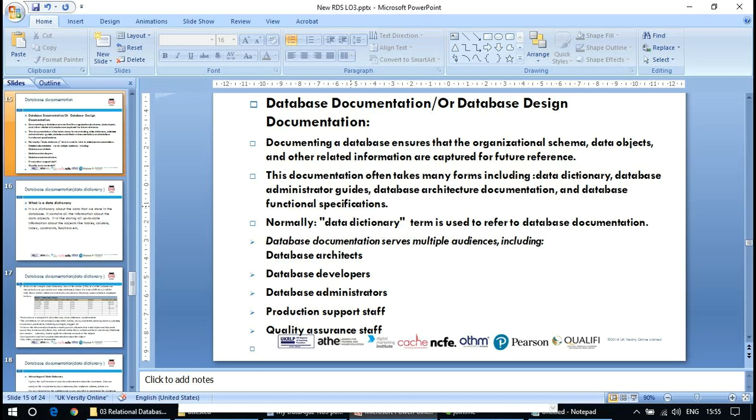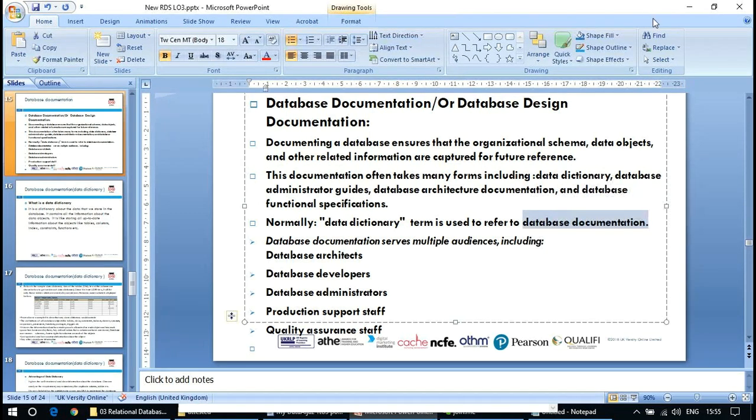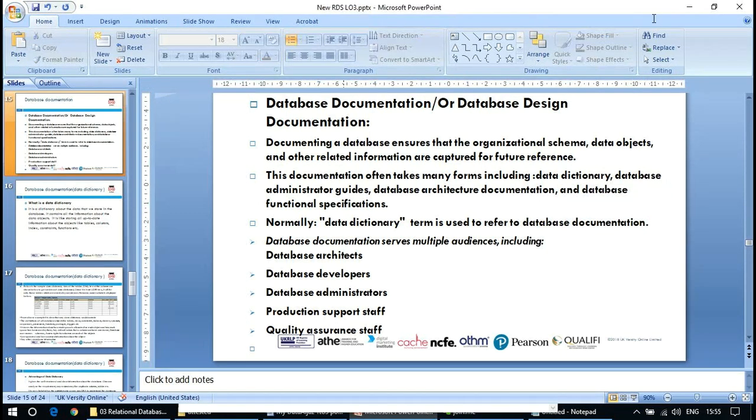Most of the time the data dictionary is used to refer to the database documentation. That documentation is helpful for database architects, developers, administrators, production support staff, quality assurance staff, and many more wherever you need it. Make sense?